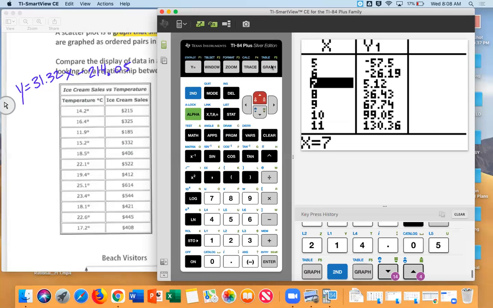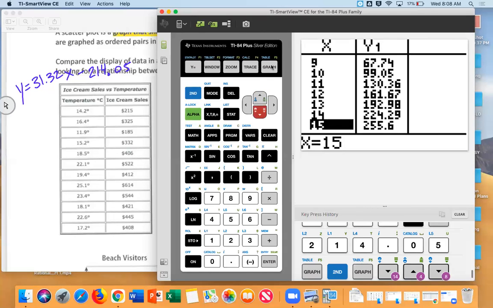You know what I'm saying? So you would make like $5. At 26 degrees, I could anticipate making like $600 because it's going to be real hot. A lot of people are going to want ice cream.